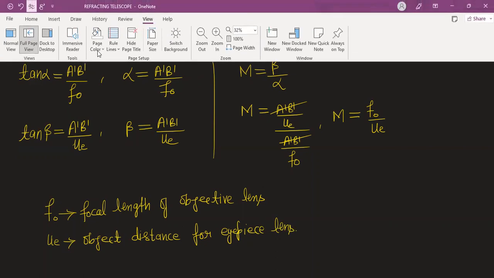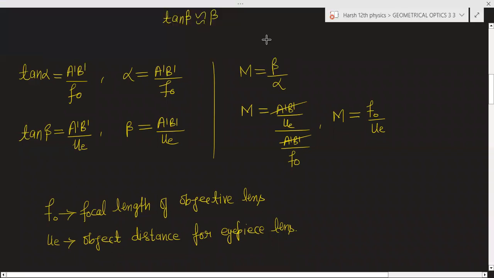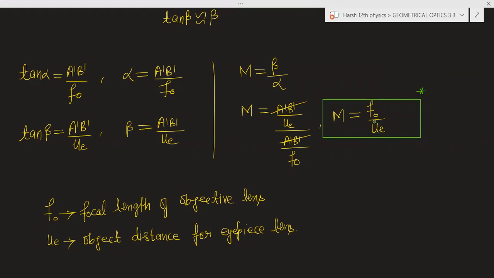So basically, this is the formula for the magnification of the telescope: FO divided by UE.